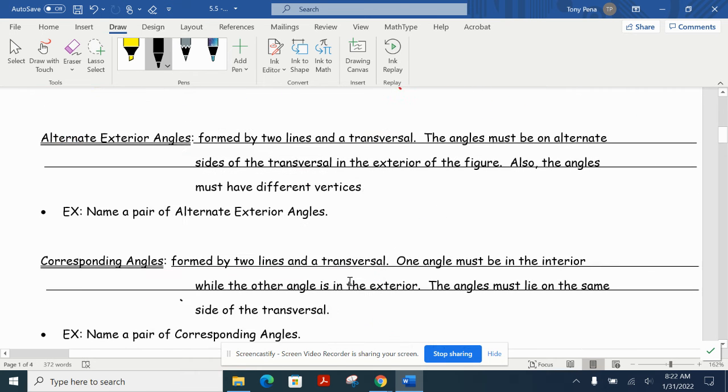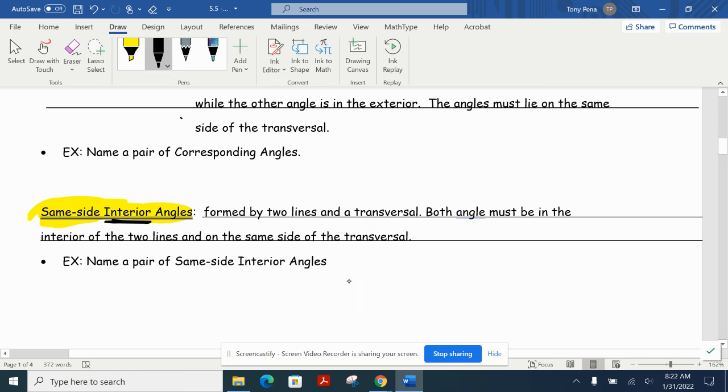Underneath that one, put angle 4 and angle 5 are same side interior, then put a comma and write the second set without me moving mine. Look up at the shape on your paper. We want to be inside the two lines and on the same side of the transversal. There should be another set of same side interior angles.